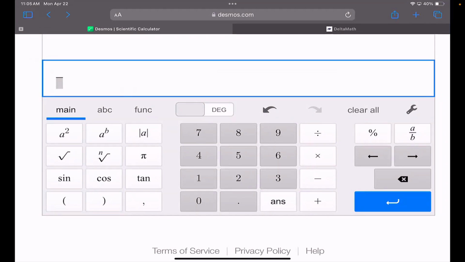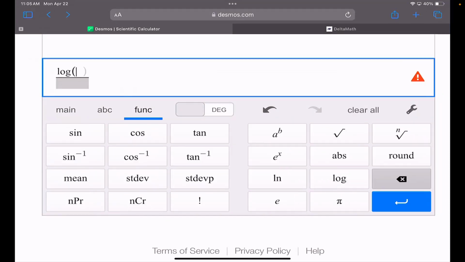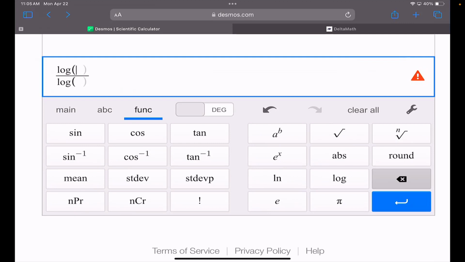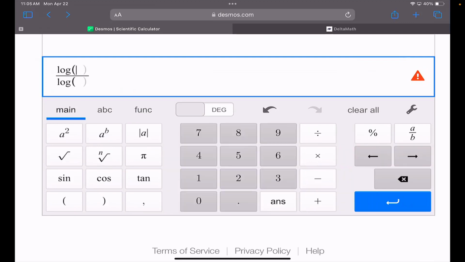So division, log. On top I had 57, on bottom I had 10, and then in the front I had 5 times. So your answer is 8.77937, and so on.